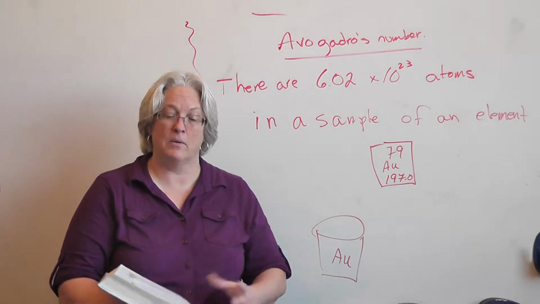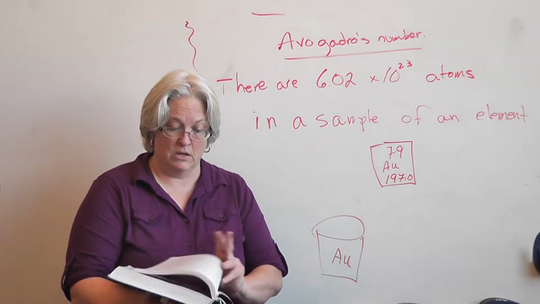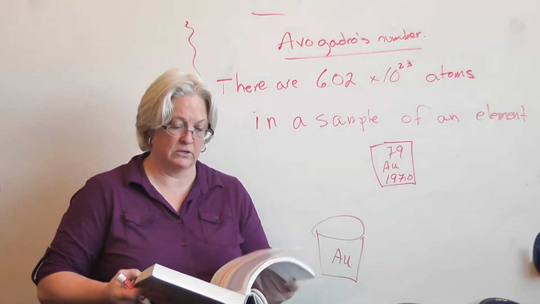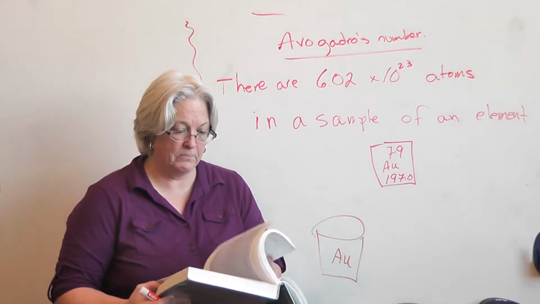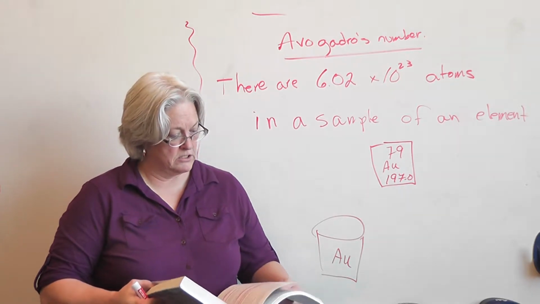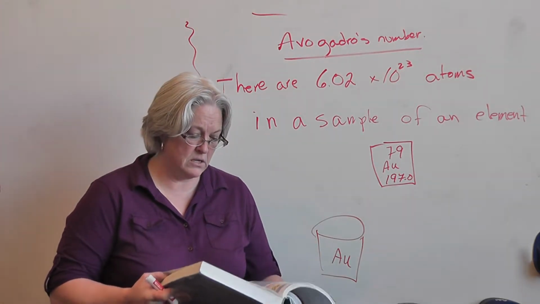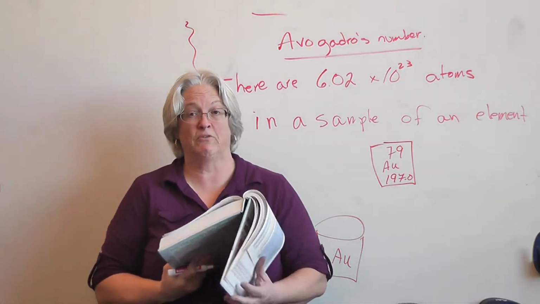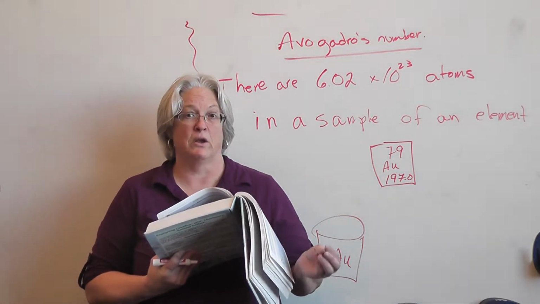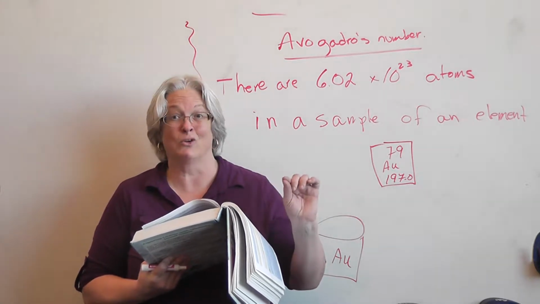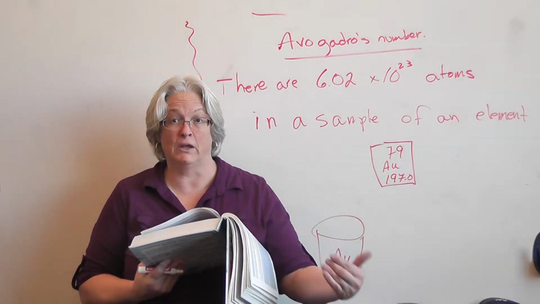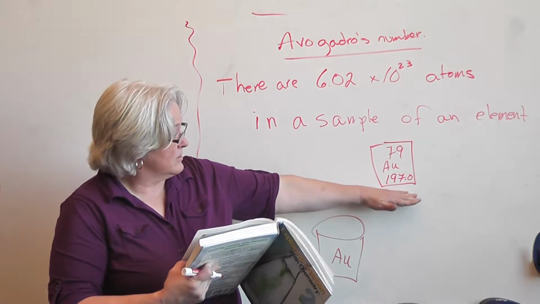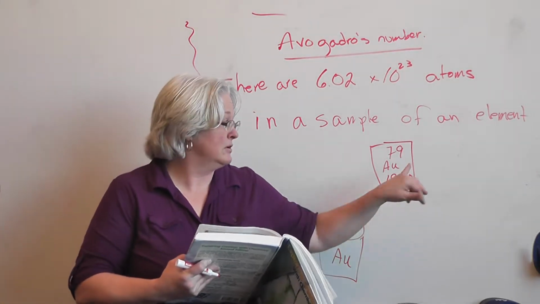And we learned what an atomic mass unit is just a little bit earlier. An AMU is 1.66 times 10 to the minus 24 grams. 10 to the minus 24 is like a trillionth of a trillionth. But anyway, this is the weight of an atom of the element.